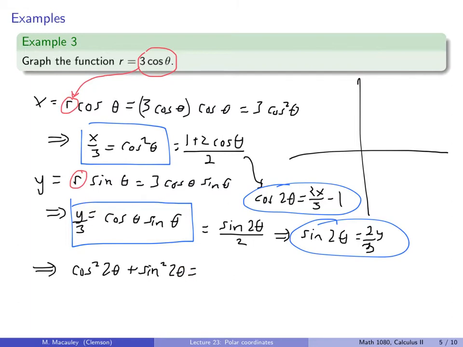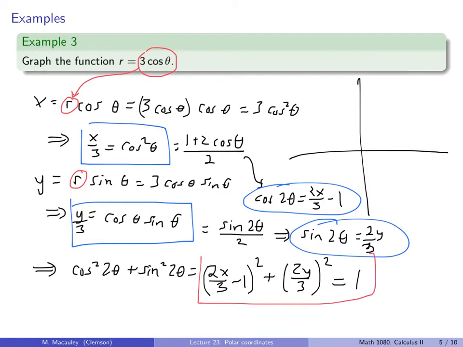So that is 2x over 3 minus 1 squared plus 2y over 3 squared equals 1. So now we have something that looks a little more familiar.